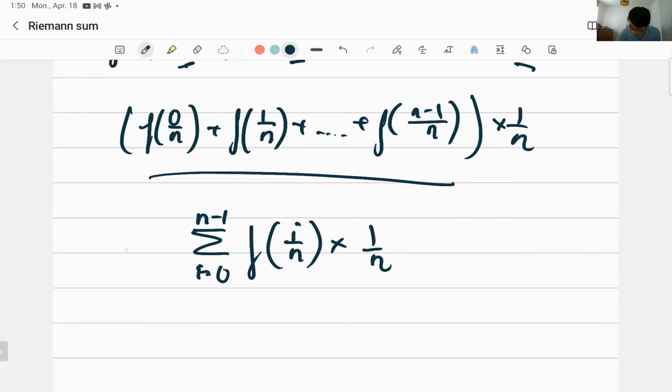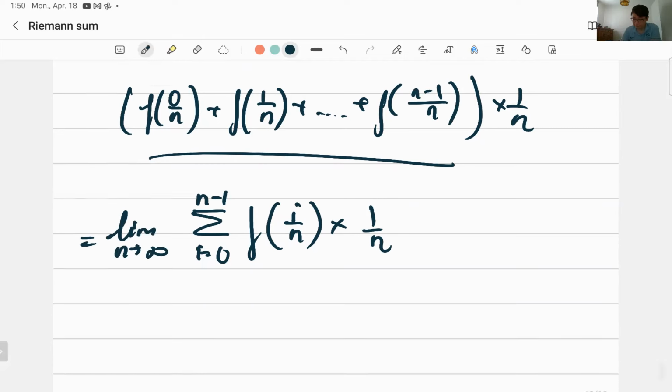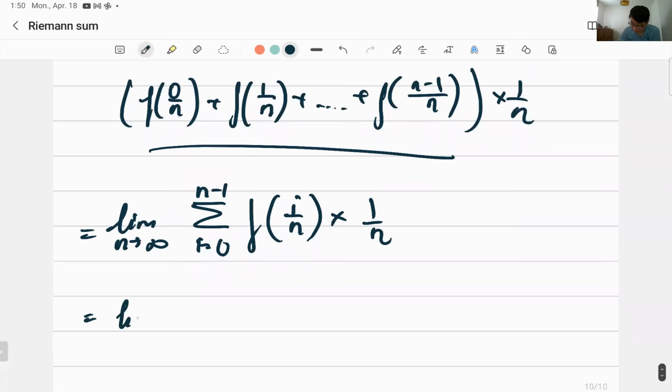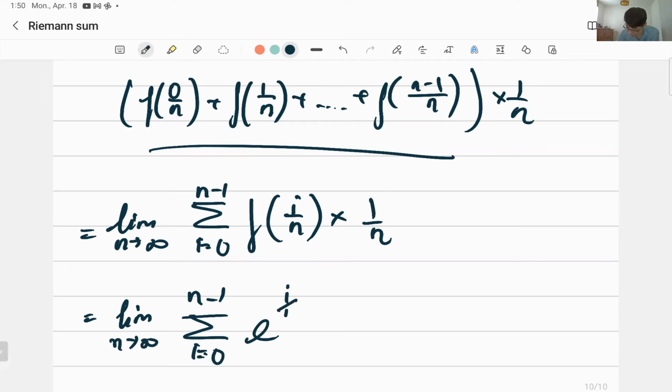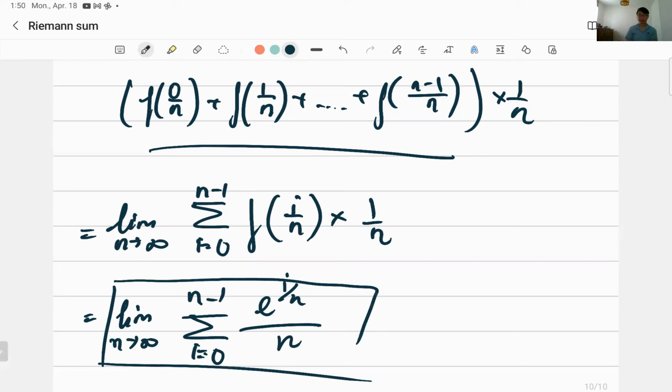The whole thing is the limit as n approaches infinity, and the expression becomes the sum of e to the power i over n, everything over n. So we found the expression for it.